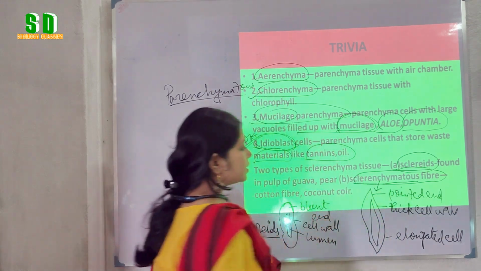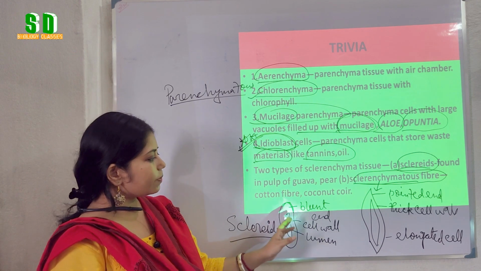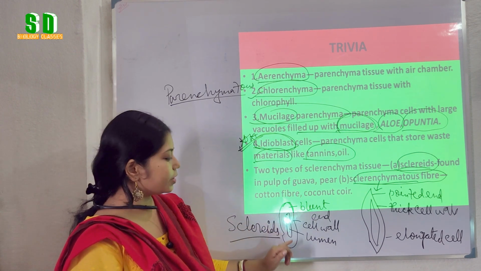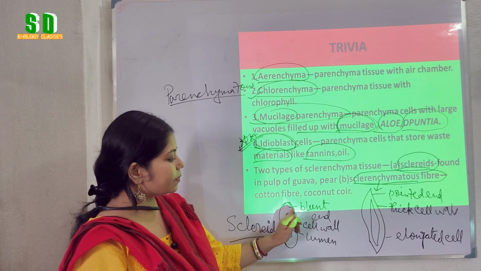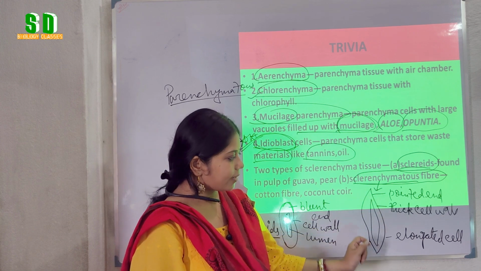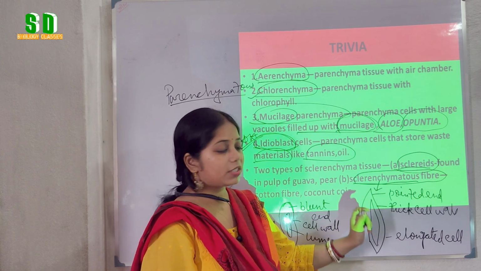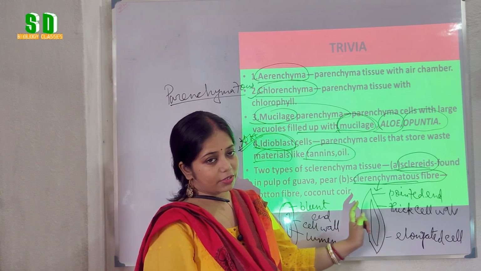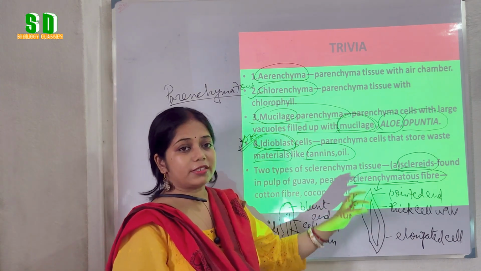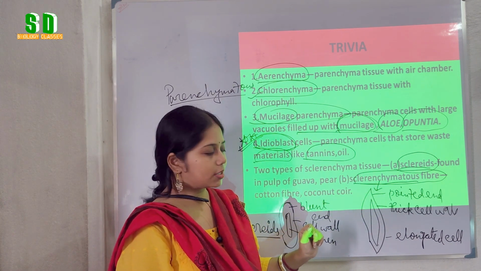So these are the sclerenchymatous fibers. The basic difference between these two types of sclerenchymatous tissue is that in sclereids we get the blunt end of the cell, whereas in sclerenchymatous fiber we get the pointed end of the cells. Now, where can we find these two types of sclerenchymatous tissue?